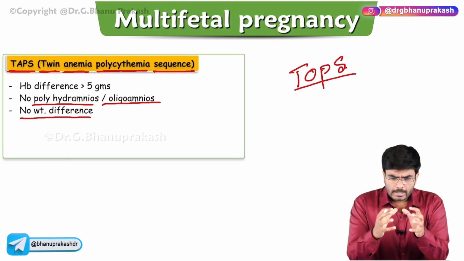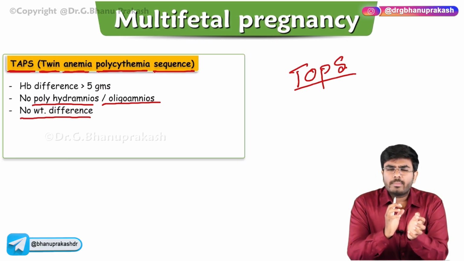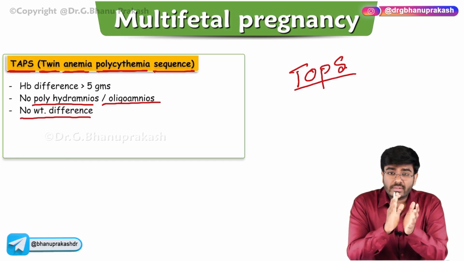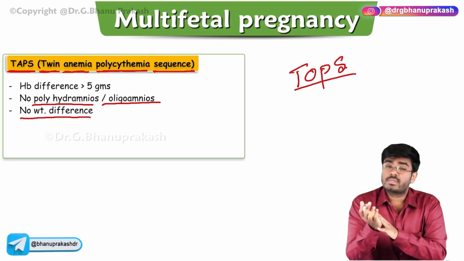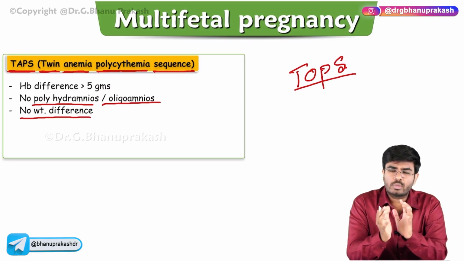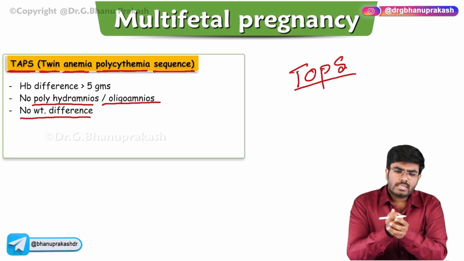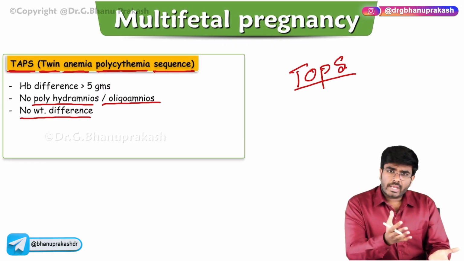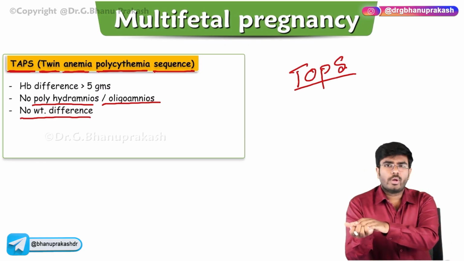Actually, we know the difference in the weight of the babies should be greater than 20%. To say it's twin transfusion syndrome, the weight difference between both the babies should be more than 20%. And also we have discussed that one baby will have polyhydramnios and the other baby will have oligohydramnios.